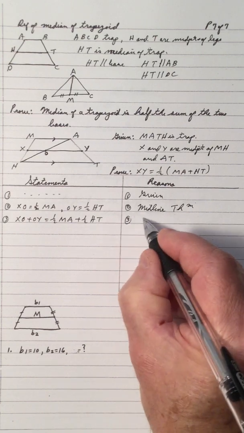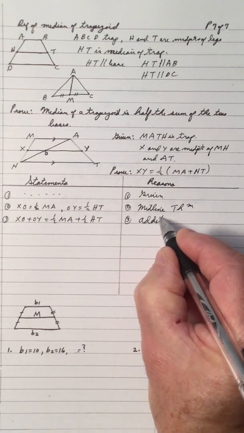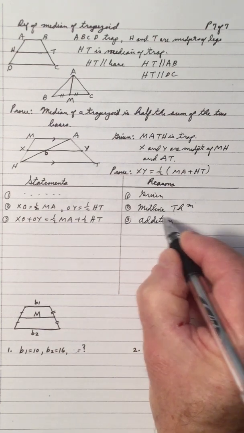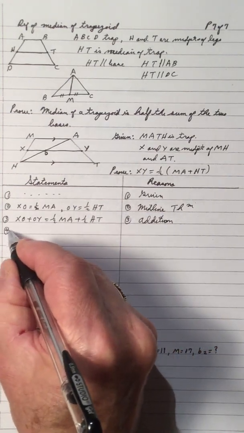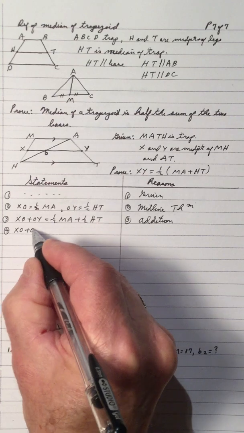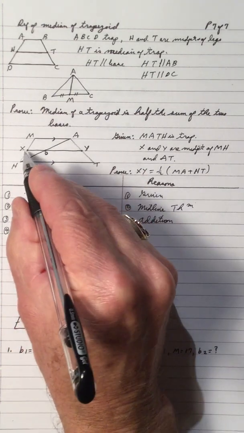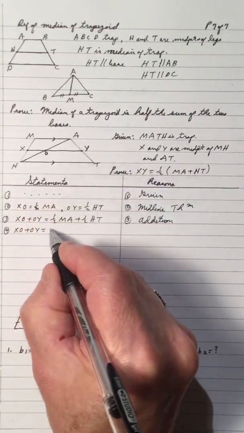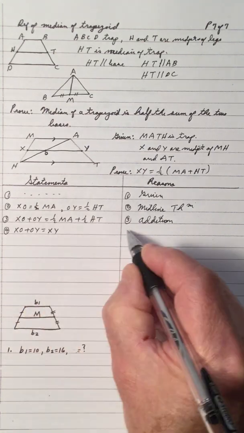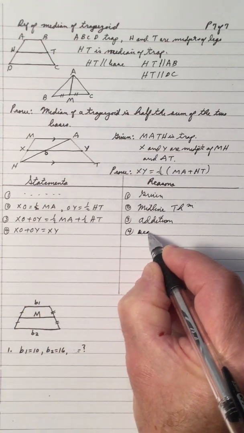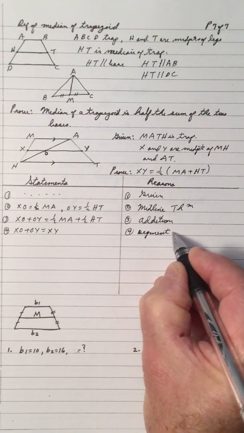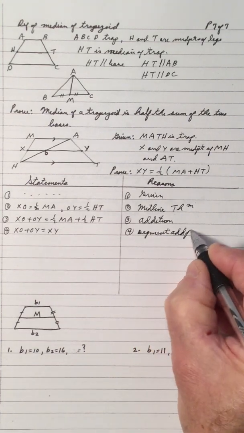And that's the addition property of equality. We're adding the segments together. So XO plus OY is equal to XY. And that's the segment addition property.